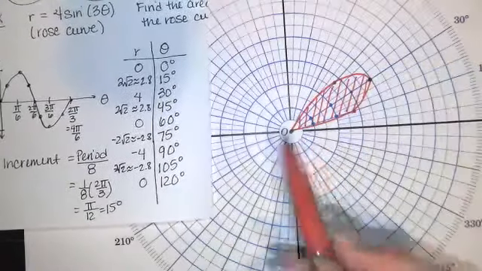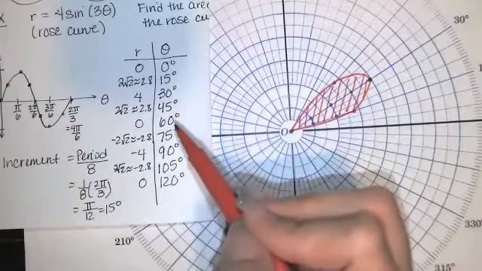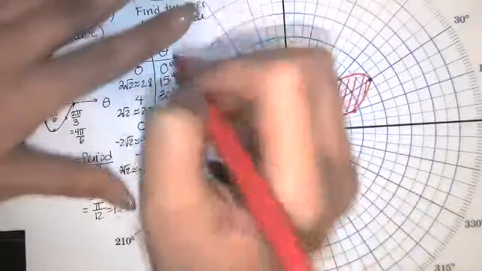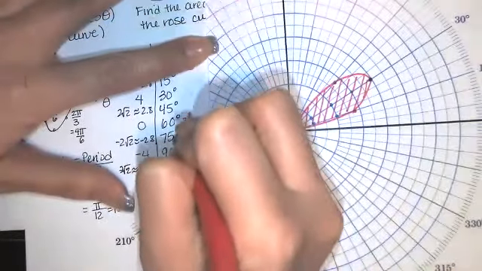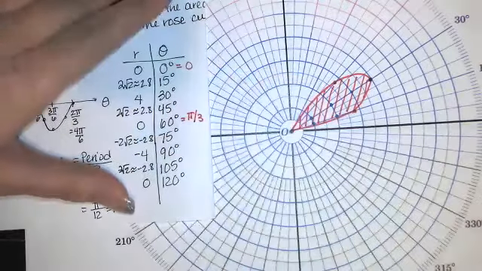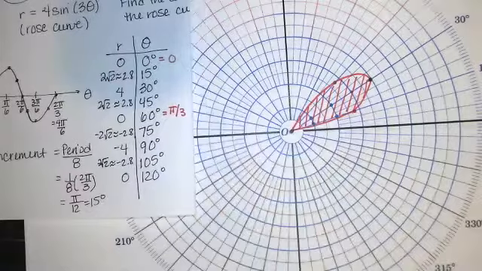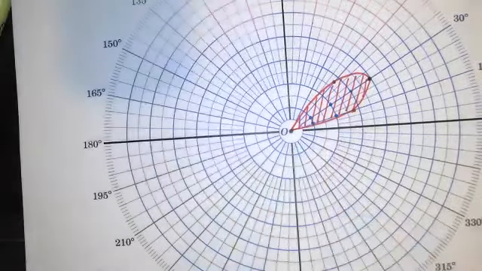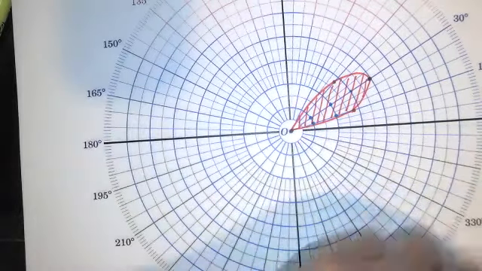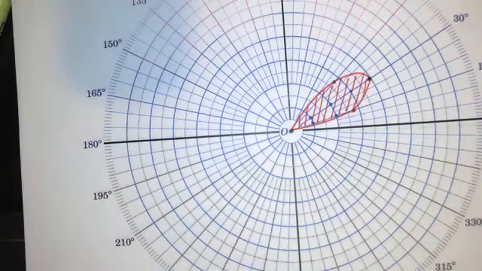And that whole petal was traced out as theta went from 0 to 60 degrees. So in radians, that's 0 to pi over 3 radians. We got one petal. Okay, so let's find the area of that petal using our formula.